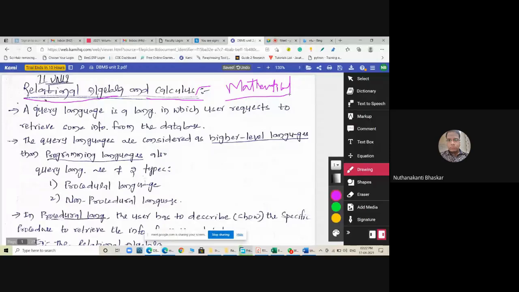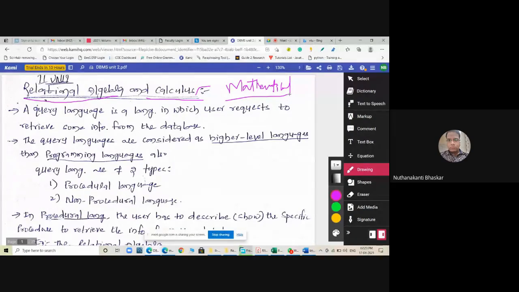Already you are learning MySQL queries. The base of SQL queries is relational algebra and relational calculus, so we need to understand the base structure of SQL. That is why parallelly we are going to discuss relational algebra and calculus along with MySQL.